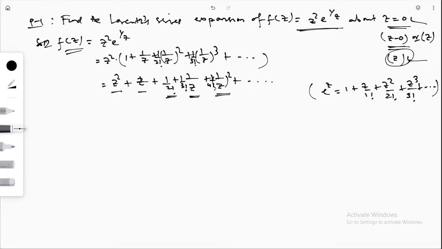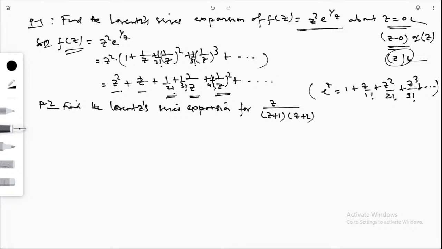Okay. So if I go to another problem: find the Laurent series expansion for z divided by z plus 1 whole into z plus 2, about z equal to minus 2.